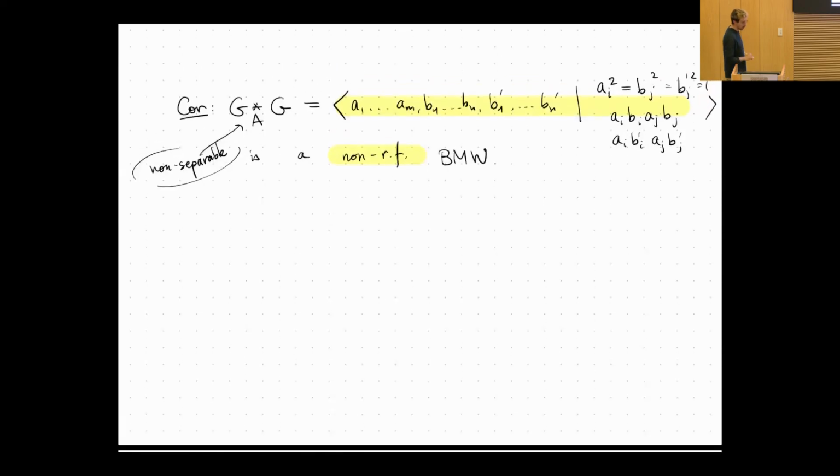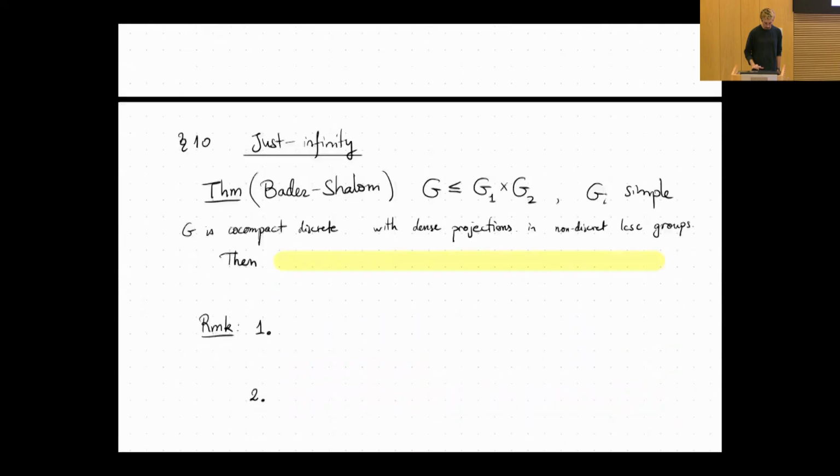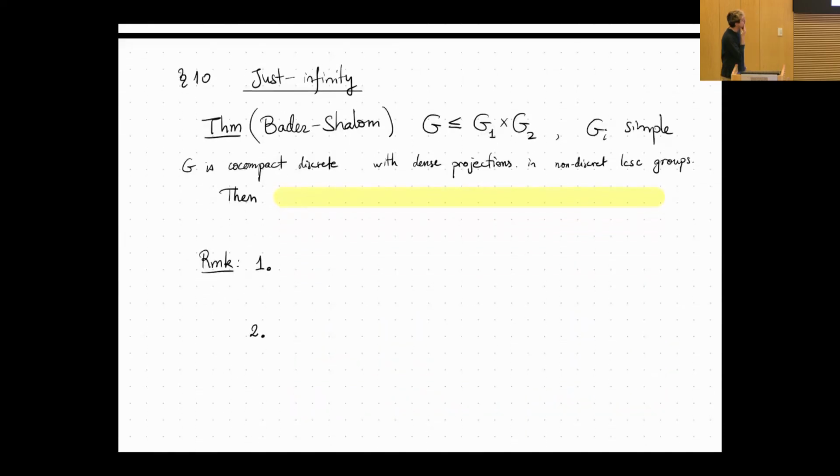So we got ourselves a non-residually finite BMW group, but now we want to upgrade it to a simple BMW group, or virtually simple BMW group. And for this we need just infinity. Okay. So here the history goes back to Margulis and the normal subgroup theorem, which showed just infinity for higher rank semi-simple groups with, say, trivial center.